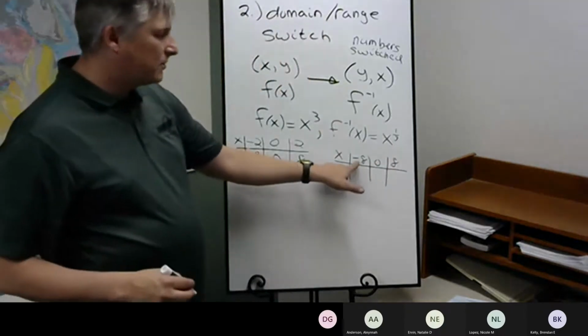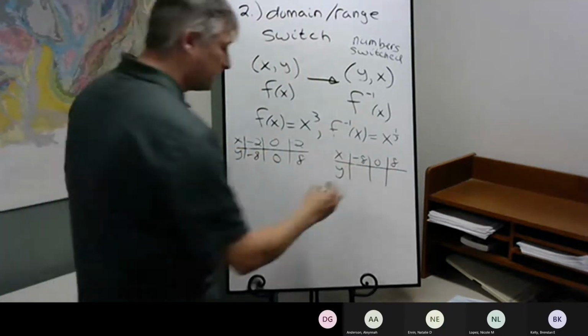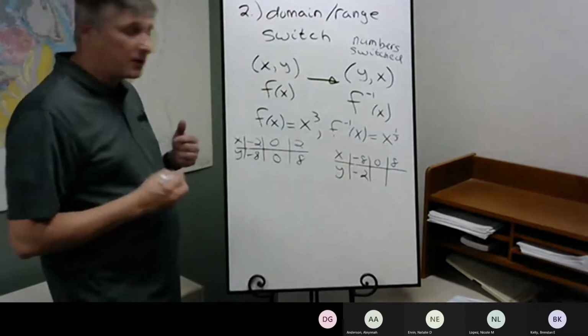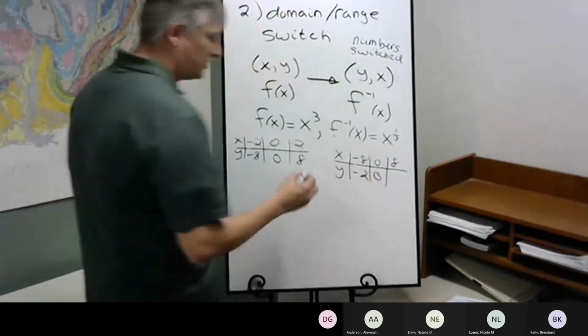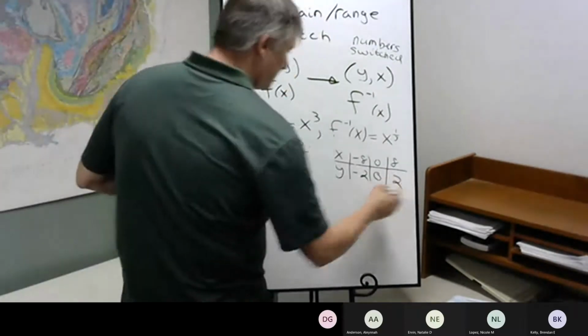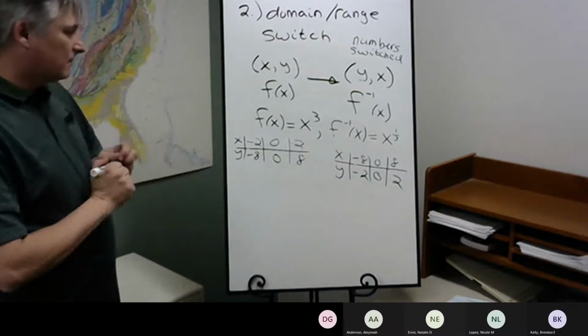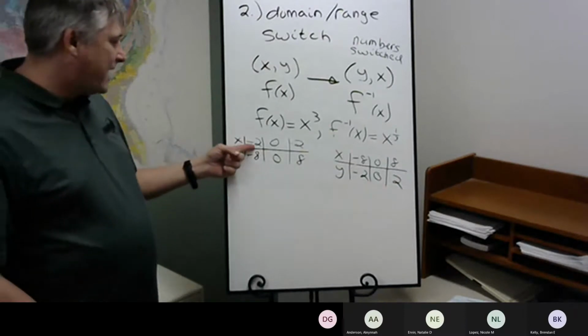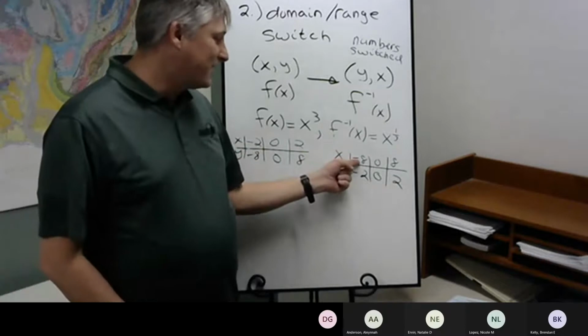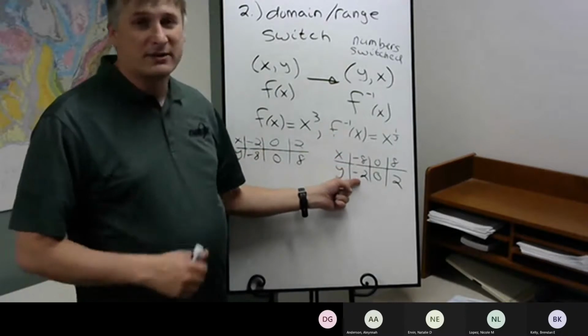So if we take the cube root of -8, we get -2. Cube root of 0 is 0. Cube root of 8 is going to be 2. So we can see that say x is -2, y is -8. Now x is -8, y is -2.